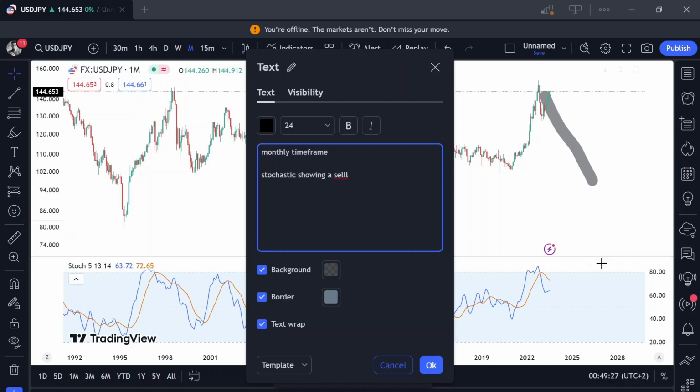Remember I told you that level 80 here tells us that a forex pair has been overbought, meaning that we must start looking for a sell. So you say monthly time frame, stochastic showing a sell, then market structure.